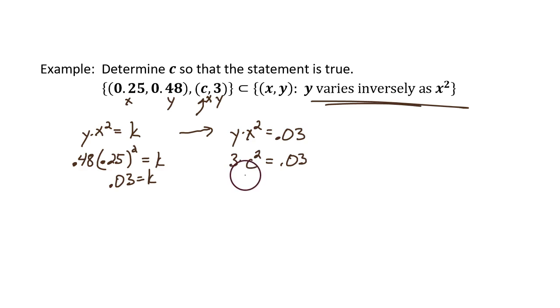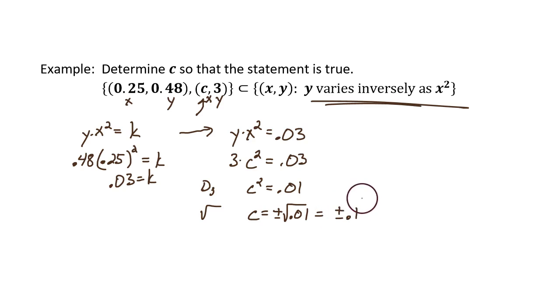What would you do first? Divide by 3 on both sides. You get c squared equals 0.01. Now what would you do? Square root. So you get c equals the positive and negative square root of 0.01. That makes plus or minus 0.1.